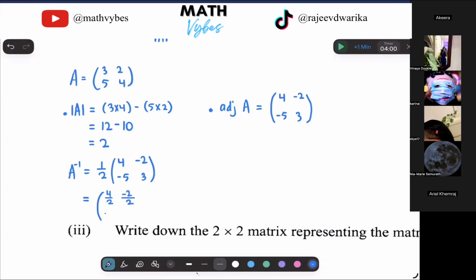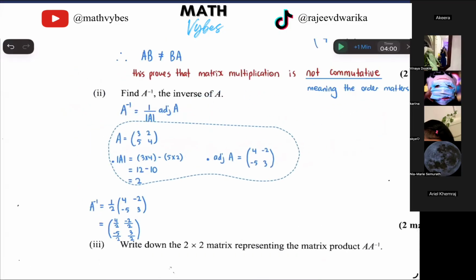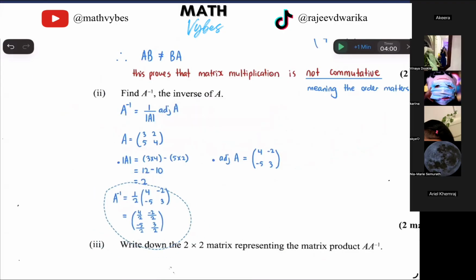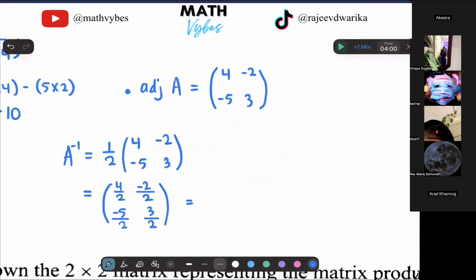What is then that? Minus 5 over 2, and then 3 over 2, and you could simplify, so you'll get 2, negative 1. So 4 over 2 is just 2. Minus 2 over 2 is just minus 1. We can't simplify this, so you leave it as minus 5 over 2 and 3 over 2.